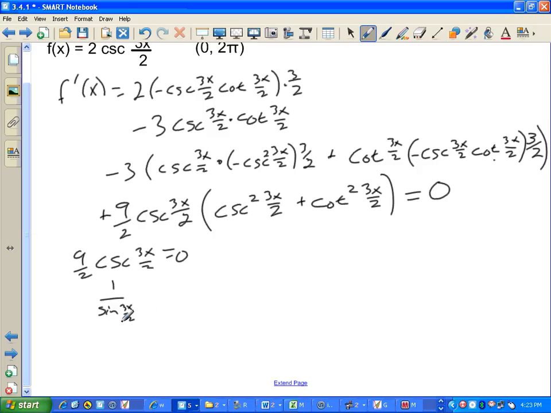And the sine can be 0, but 1 over the sine can never be 0. That's like saying when is 1 over x 0. It's never 0. So I'm not going to have an answer for when it's 0, but I will have an answer for when it's undefined.